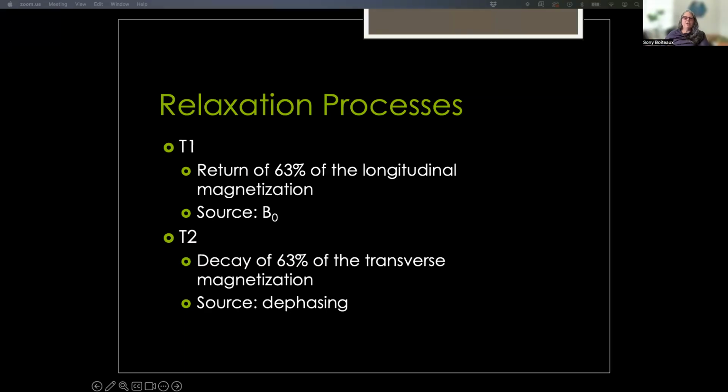And so when we turn off the radio frequency transmission, that magnetic field is going to shrink along that transverse axis. It's going to get smaller and it's going to regrow along that longitudinal axis. And so that is our two different relaxation processes, our T1 and our T2 relaxation processes.